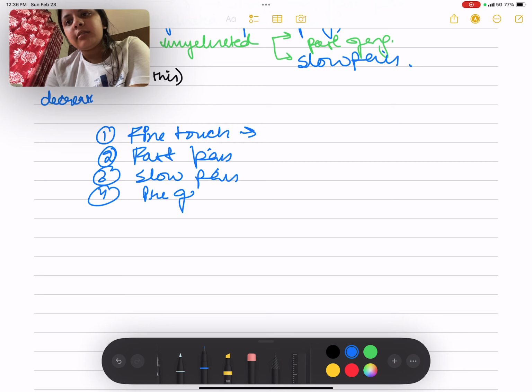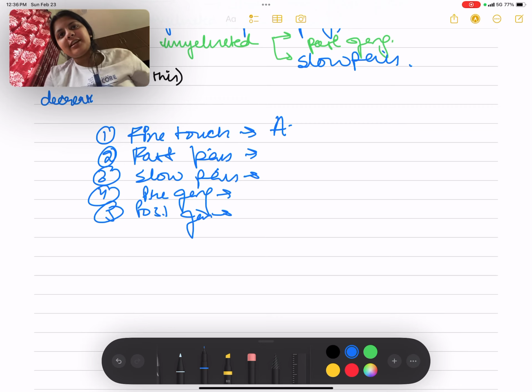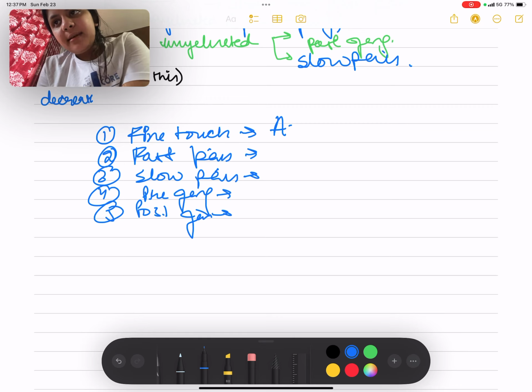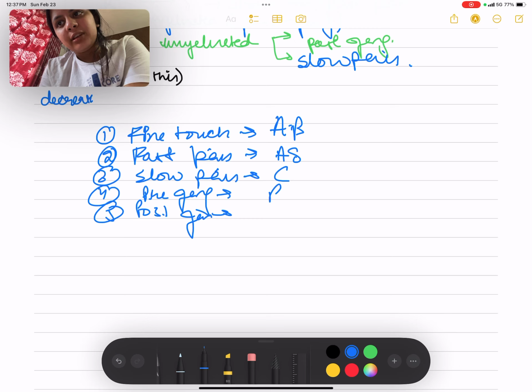Answer these questions. Fine touch. Which is the fiber? A beta. Fast pain: A delta. Slow pain: C fibers. Preganglionic: B fibers. Postganglionic: C fibers. C fibers are unmyelinated.